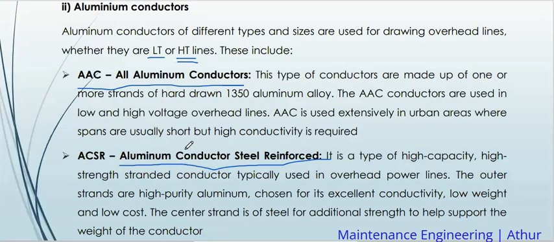Because steel is very strong, this conductor is made in such a way that we put at least a strand of steel inside in order to increase its strength. But much of the strands on the top are aluminium because aluminium is much more preferred for distribution and transmission.